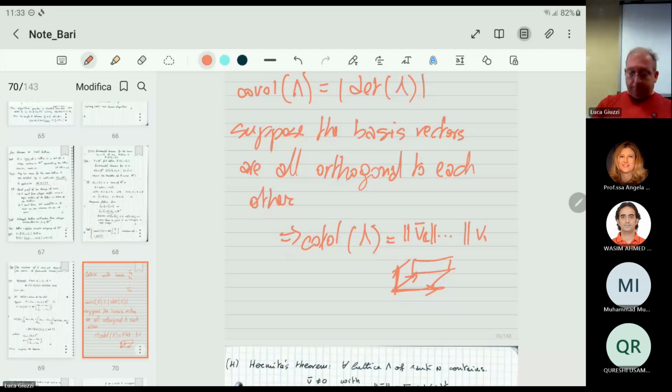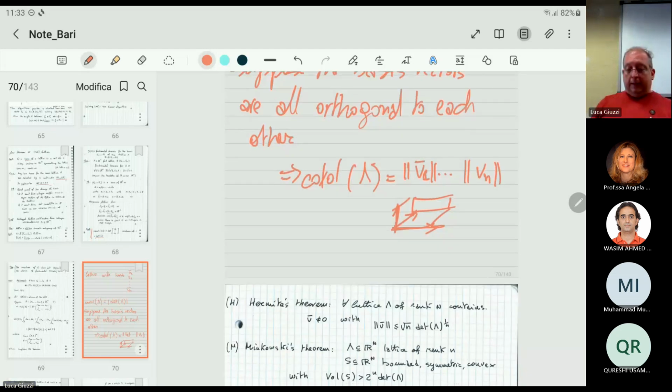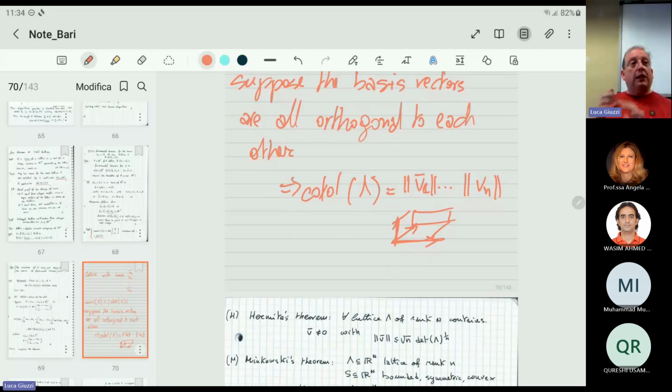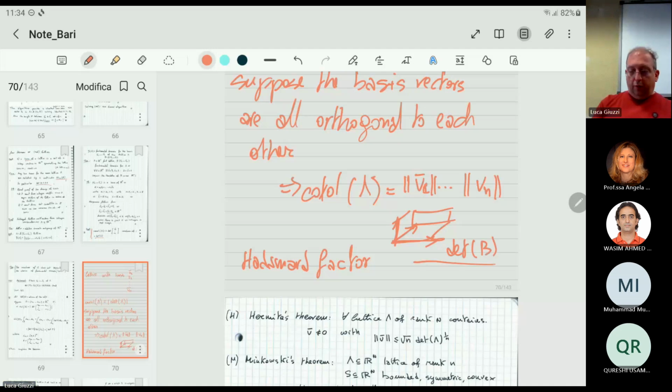We want to estimate how skew our basis is. And this is basically the Hadamard factor, which is the determinant of a basis over the product of the norms of all of its vectors.